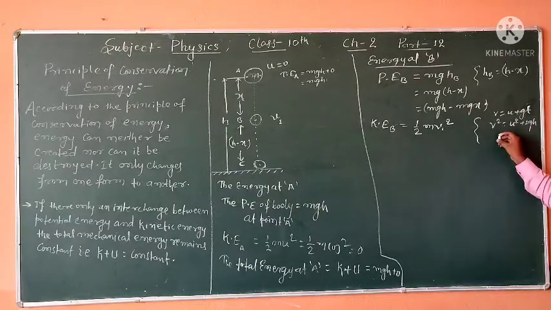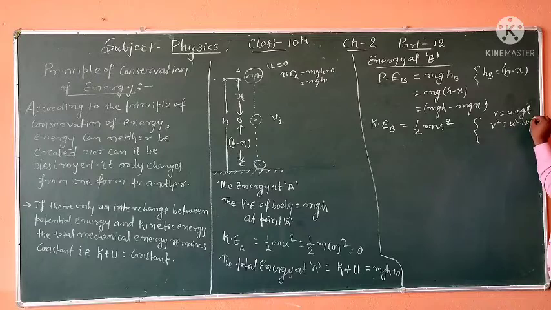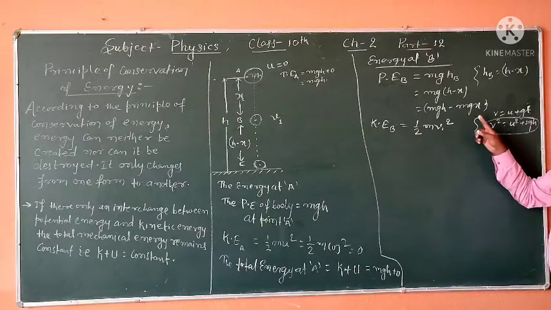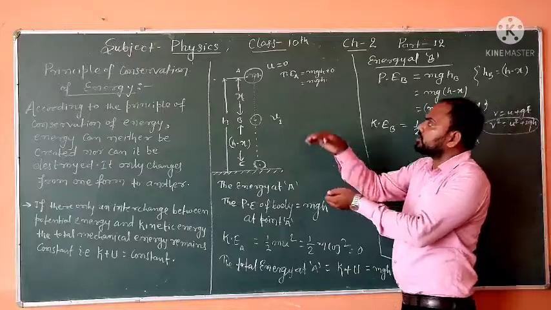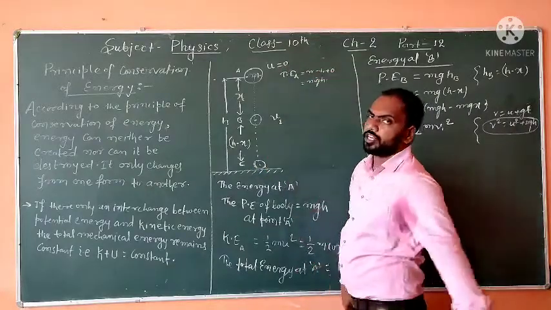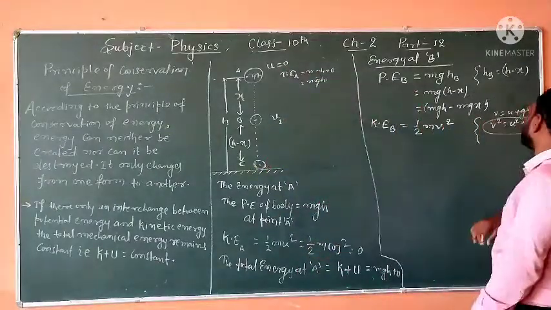We will use this equation here, v square is equal to u square plus 2gh. I am going to use this formula, because here there is no time. Time is not given. That's why we are not going to use the first equation.